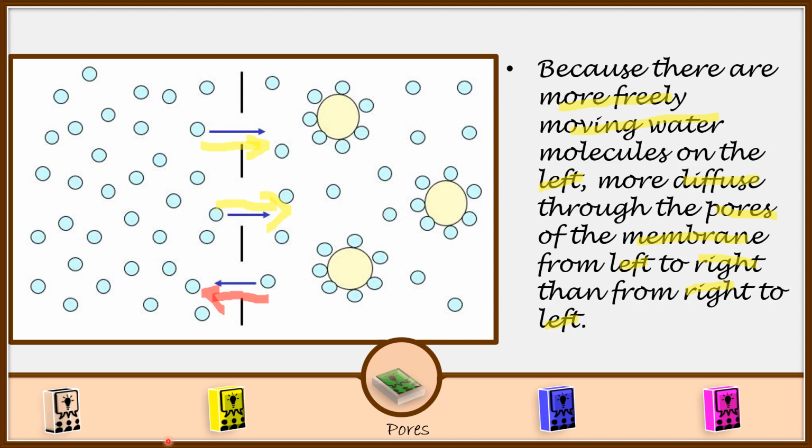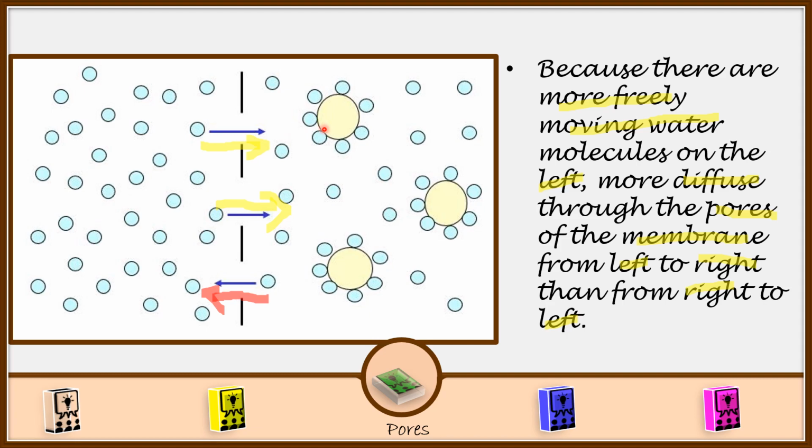Why? Because on the left we have more free water molecules that can easily diffuse through the pores. This side, these water molecules that are held by the sugar molecule cannot go through here because they are held strongly by the sugar molecule.